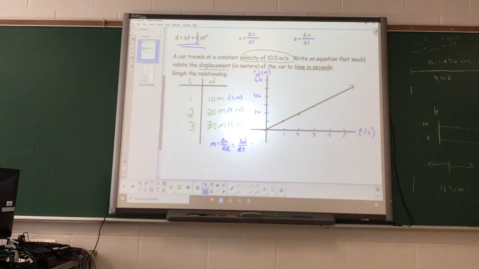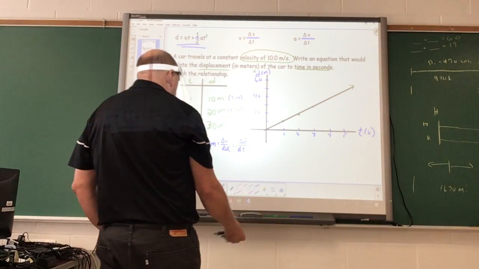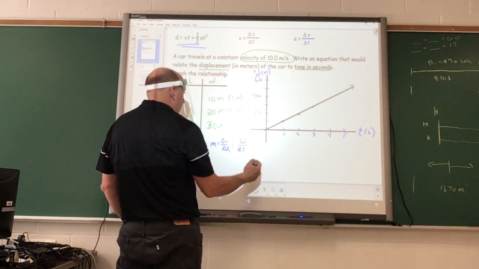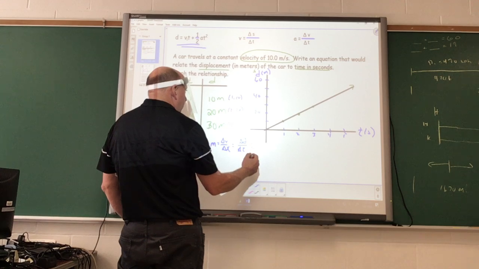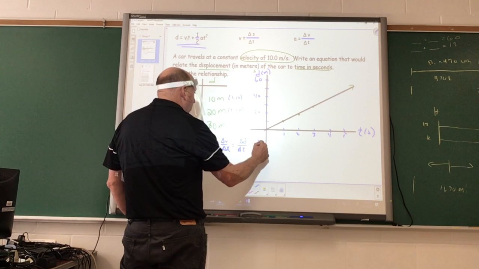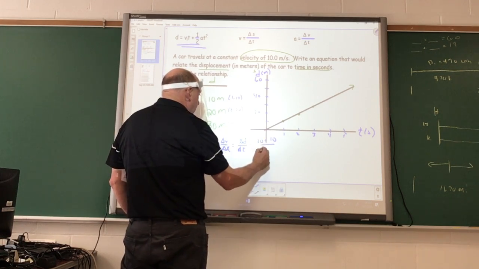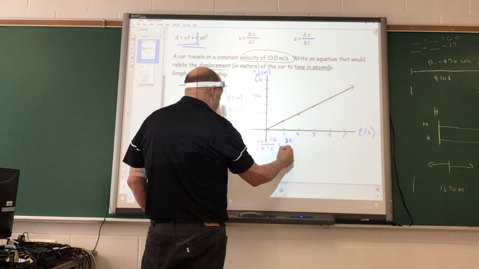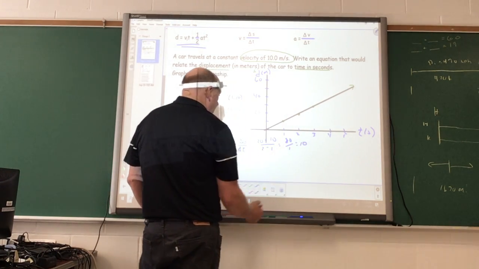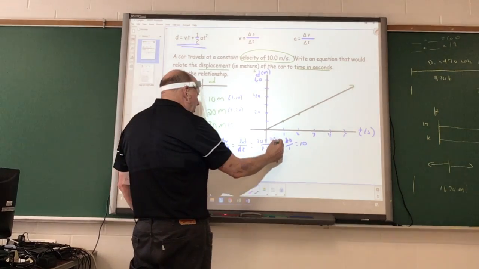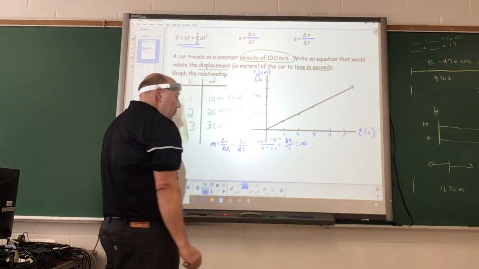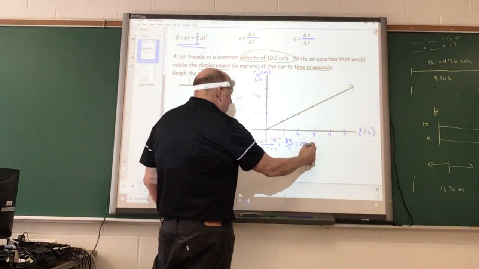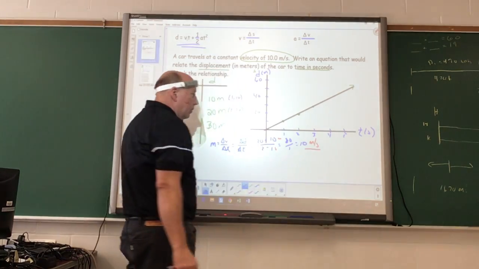Dylan, what is our slope? 10 over 1. We go 20 minus 10 over 2 minus 1. We get 10 over 1, or 10. And this is meters and this is time, which is seconds, so we have meters per second.